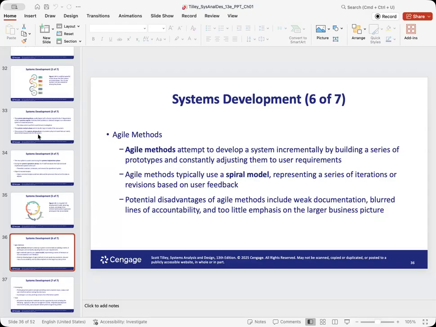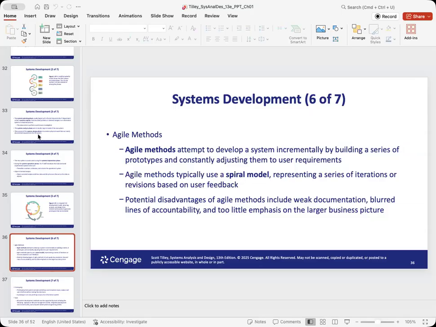Now the agile methods typically use a spiral model representing a series of iterations. So that's what I was talking about, a series of iterations or revisions based on user feedback. Since the site is already hosted, you just continue adding, and based on what users tell you, sometimes users will come and tell you, oh, the color is too bright, why don't you dim the color a bit? And then you go online, you reduce your color, and you host it again.